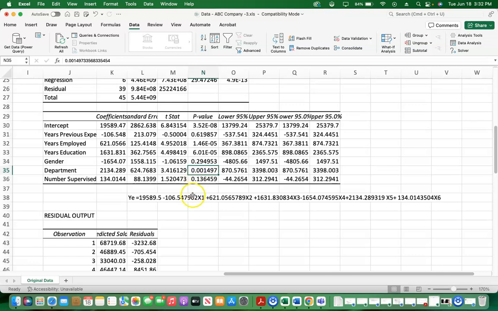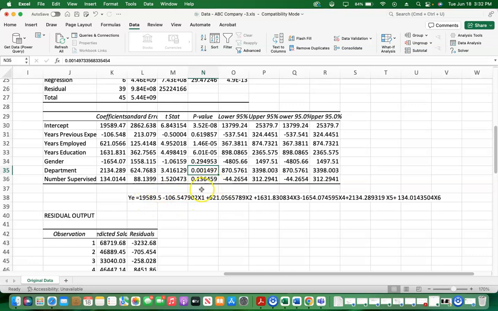Department, we have 0.001, and this is less than 0.05 or 5% significance level, and therefore department is significant. Number supervised is not significant because the probability value is greater than the significance level.